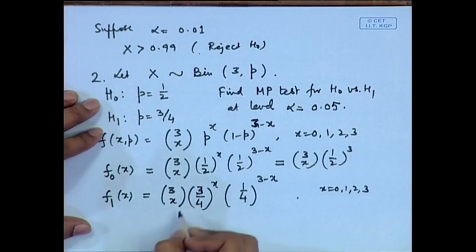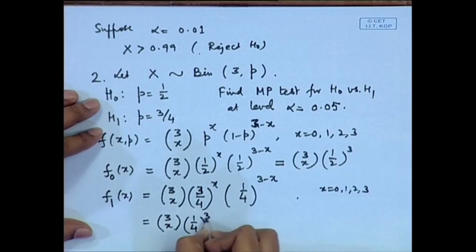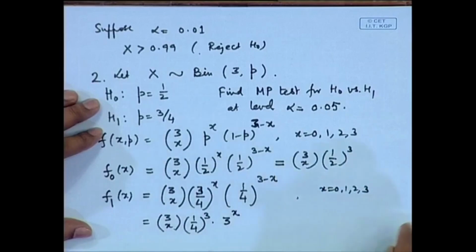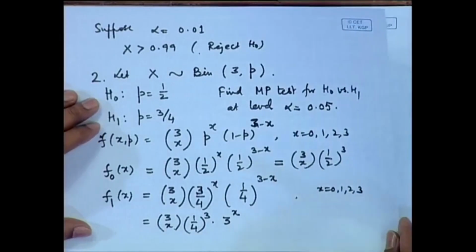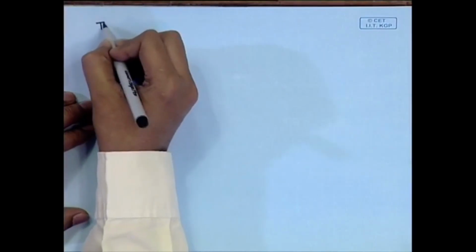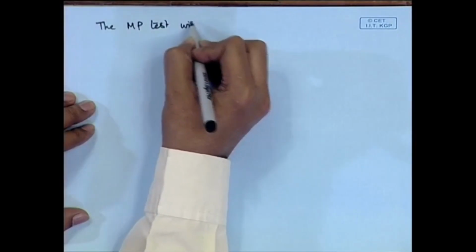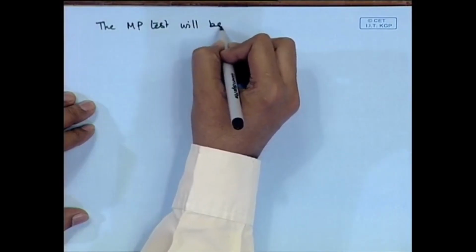Now, this can be simplified a little bit: we can write it as 3 c x, 1 by 4 to the power 3, and 3 to the power x.